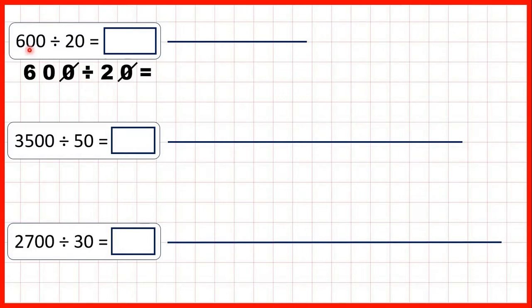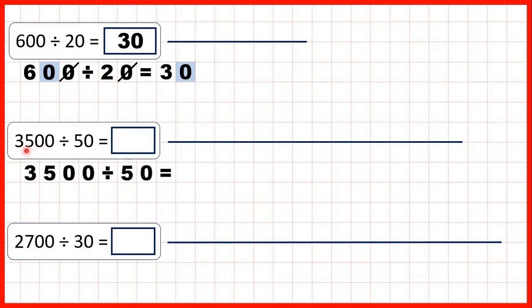So 600 divided by 20 will give us the same answer as 60 divided by 2. That's 30 because 6 divided by 2 is 3, and then if we have an end zero in the dividend that we haven't been able to cancel, we'll have an end zero in the quotient. So our answer is 30.